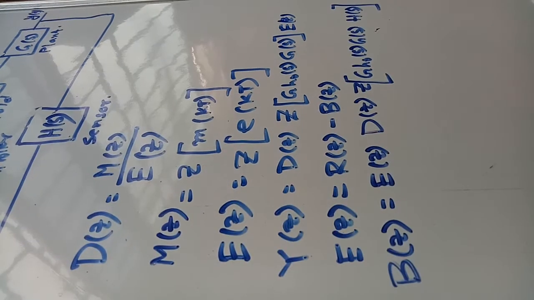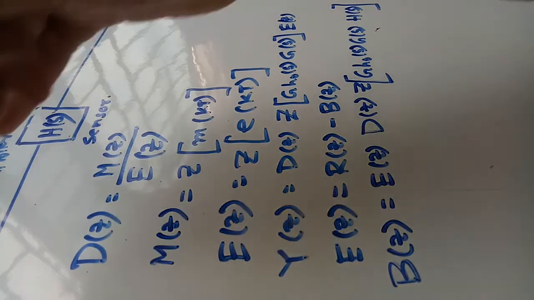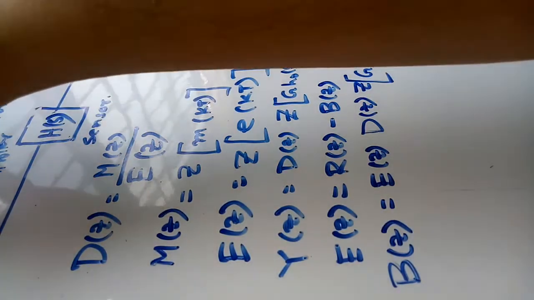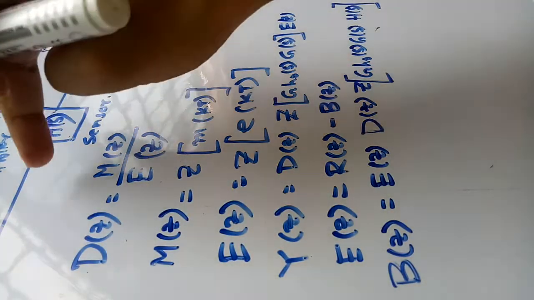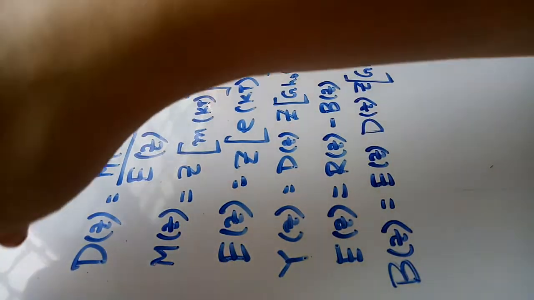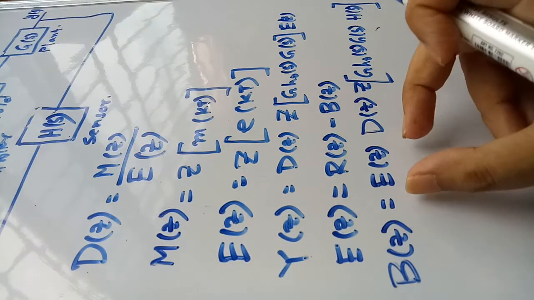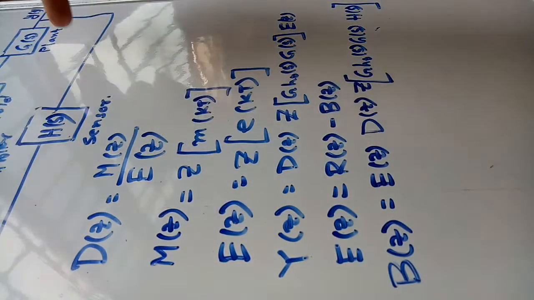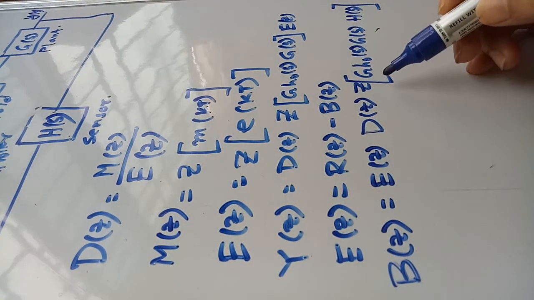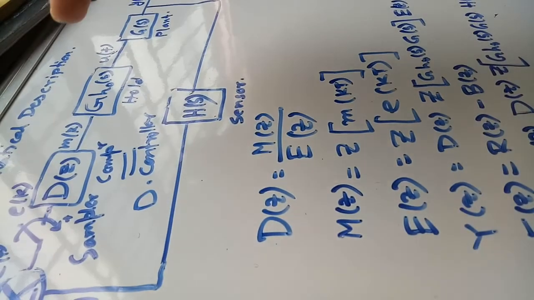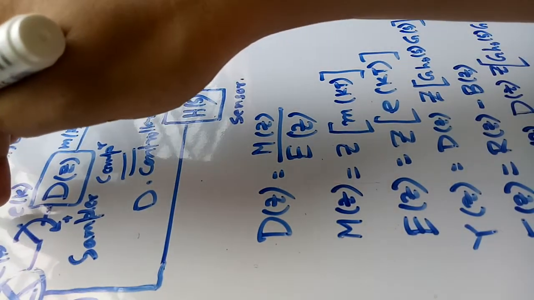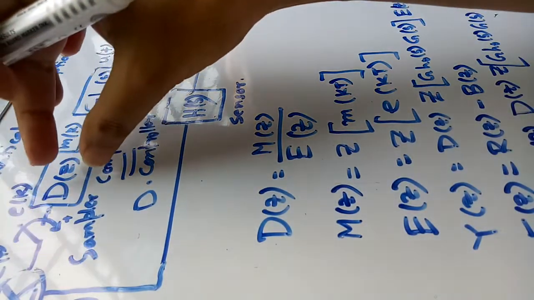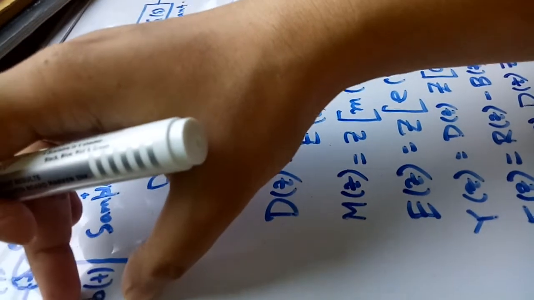Okay, now what is B of Z? So E of Z is applied here, multiplied by whole terms, so B of Z equal to this input E of Z multiplied by the total whole terms. E of Z is acting as the input, and B of Z is the output.